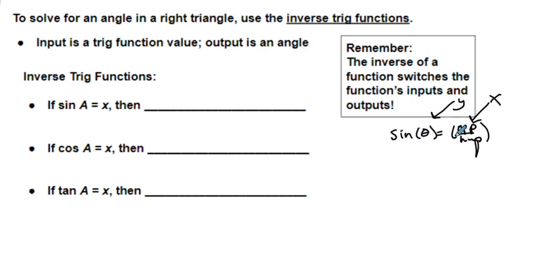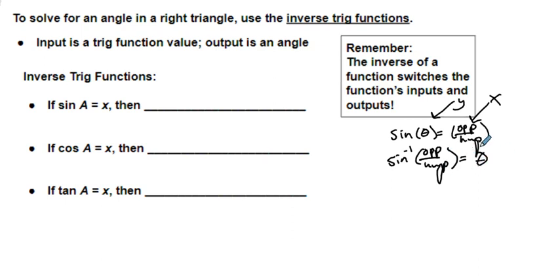And then if we're going to do an inverse trig function, the only thing that's different is we're going to leave the sine there, and because we're doing an inverse, you put a -1, and then you swap these around. So you put the opposite over the hypotenuse over here, and then your theta goes over here.